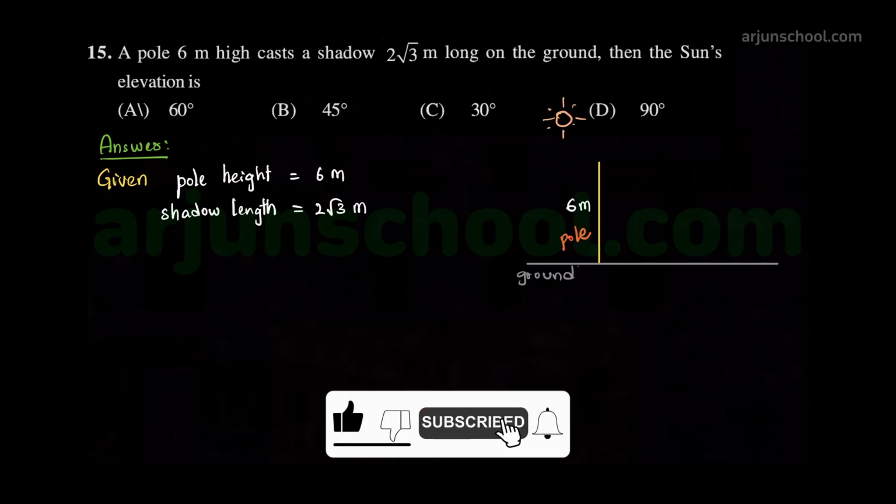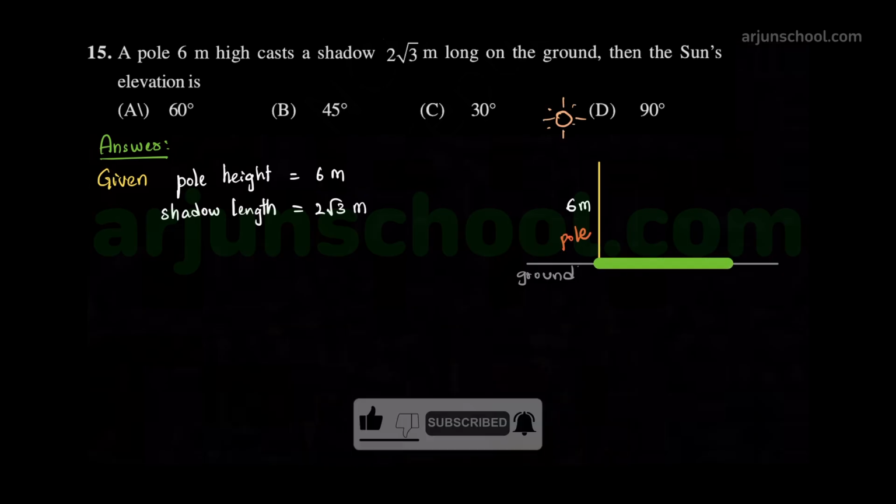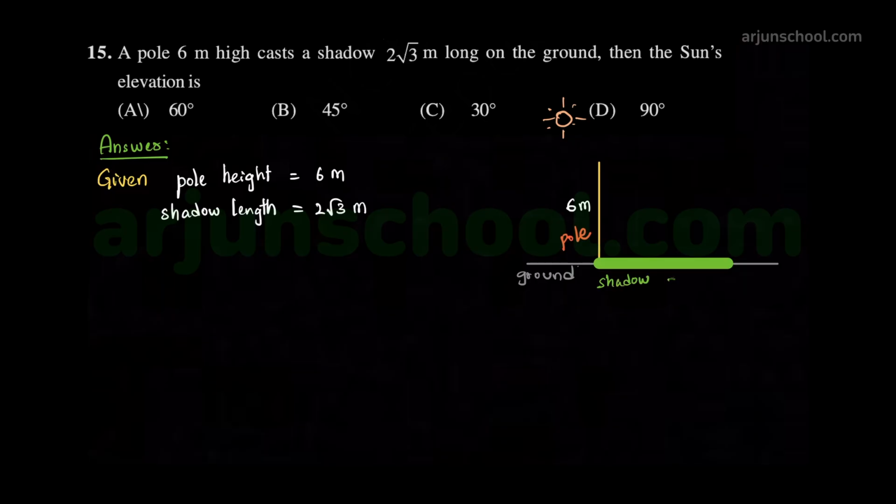Let us draw the sun, which casts the shadow of the pole on the ground of length 2 times root 3 meters. Angle theta is the sun's elevation. We need to find this value.